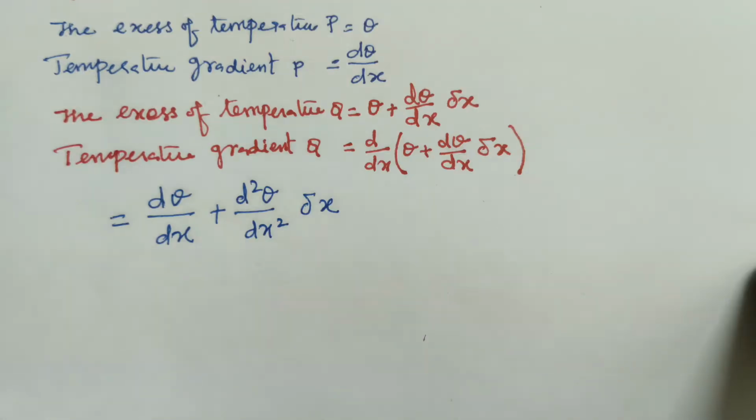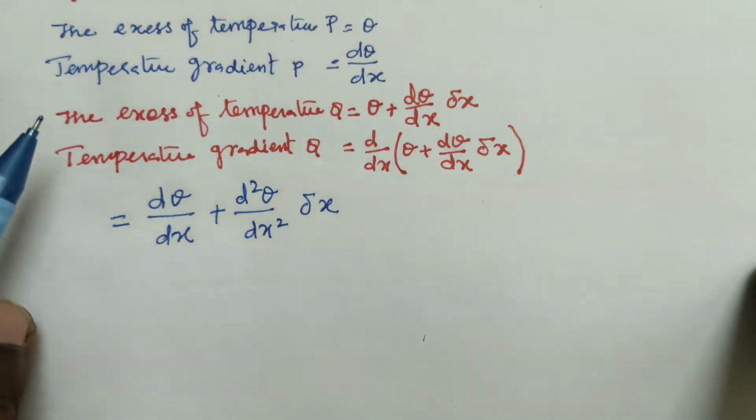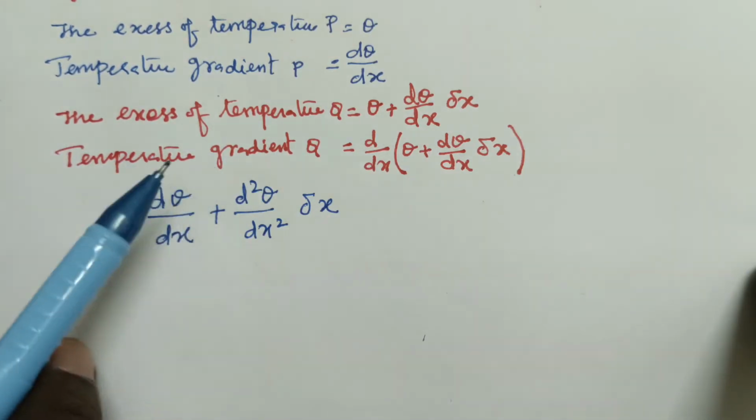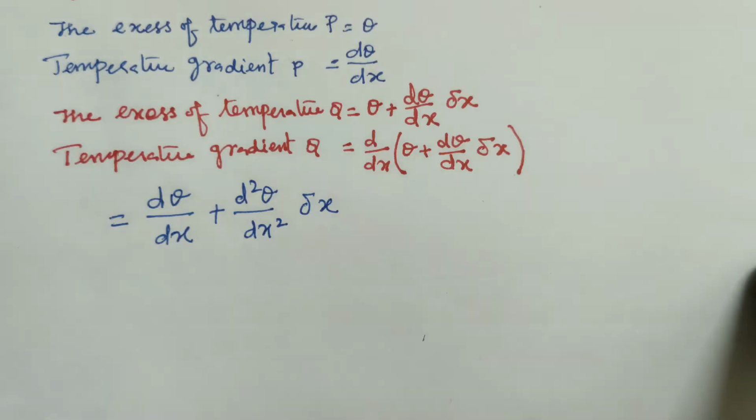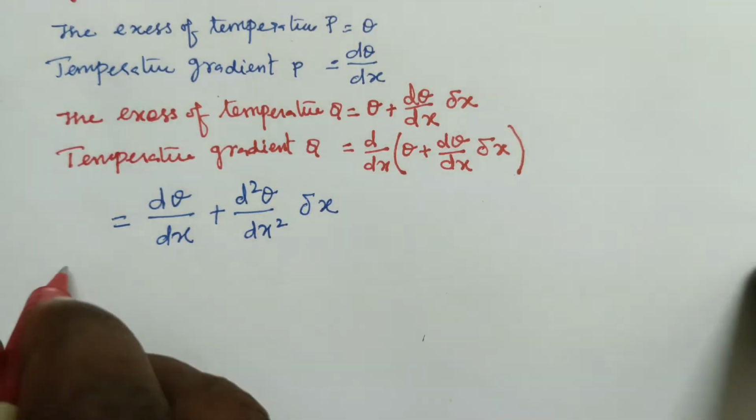Now the heat flowing through P in 1 second. இப்போ நம்ம heat வந்து hot end லேருந்து cold end க்கு transfer ஆகுது, flow ஆகுது. அப்போது P ன்ற position இல் 1 second இல் heat flow எப்படி இருக்கும்?